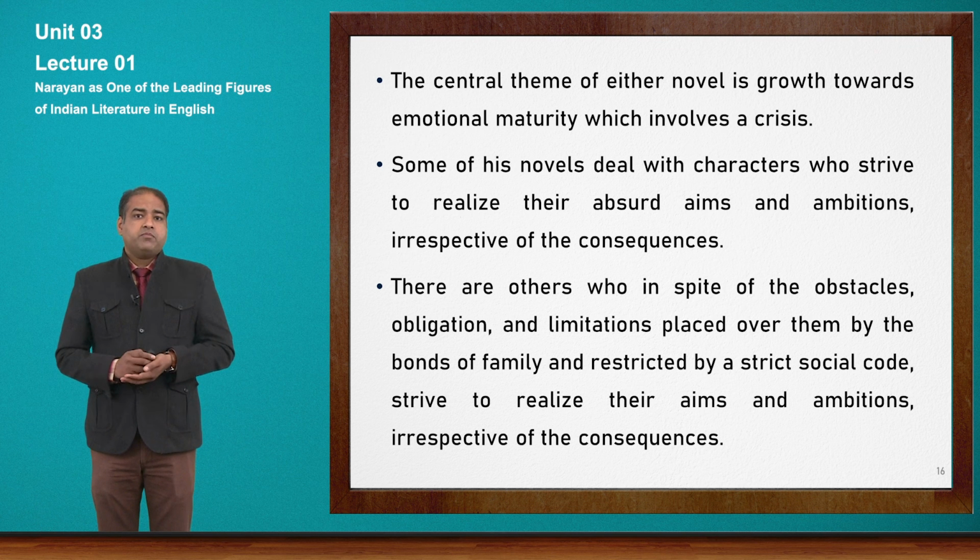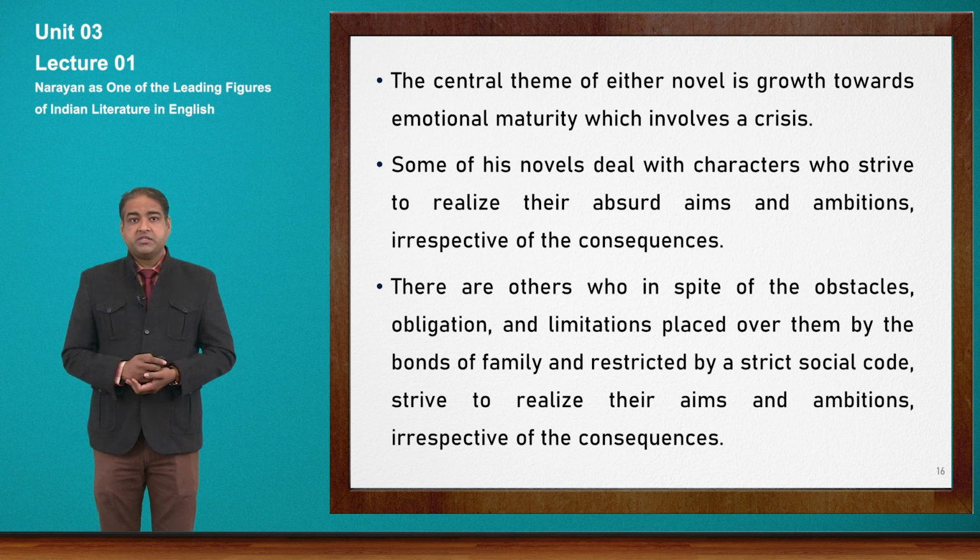These aims and ambitions may be absurd for you when you read them, but they are reality for those characters. They are reality for their life. And thus, you cannot consider them as absurd, as different. Those characters want to live in those situations, those ambitions, irrespective of the consequences.